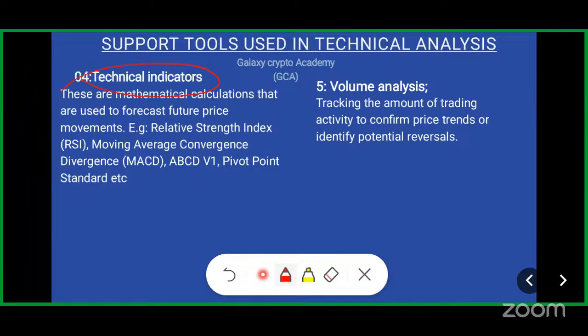Then we have some groups of traders who entirely depend on the fluctuation in volumes of different assets that they would like to trade to make decisions. Yeah, the people who have mastered that art and science so much that by seeing a specific volume of a particular cryptocurrency, they're able to tell that either we have buyers flocking into the market to buy that particular asset, or people are in the selling mode.